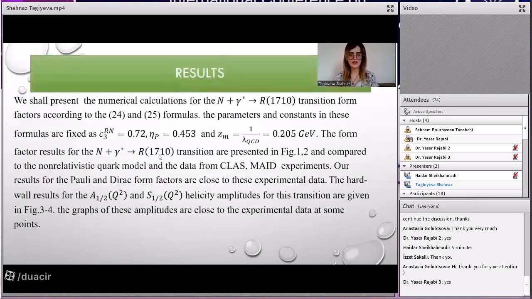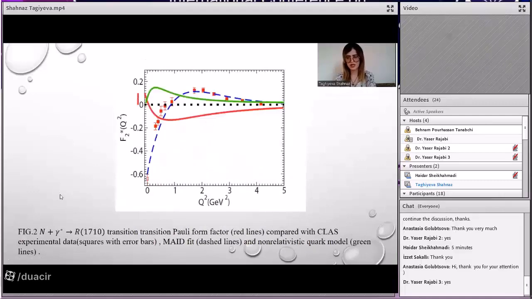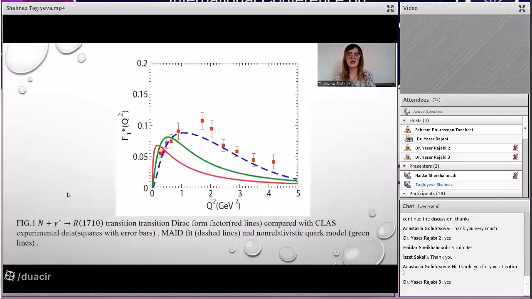Now our results are presented in figures 1 and 2, the Pauli and Dirac form factors, and we compare our results to the non-relativistic quark model and experimental data.